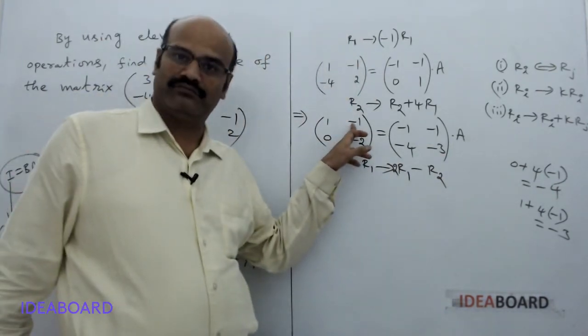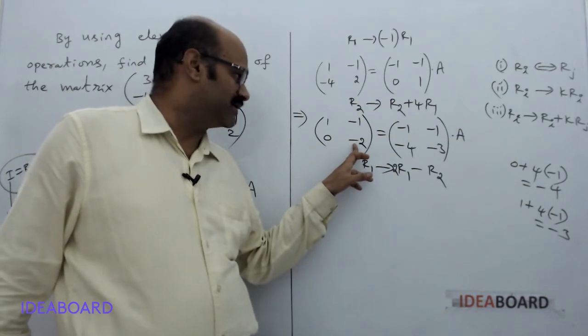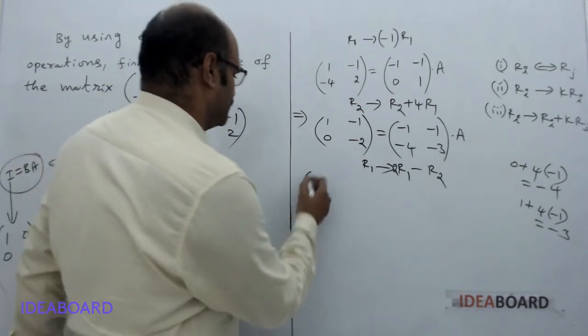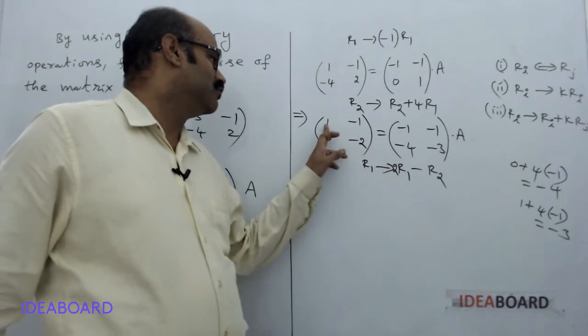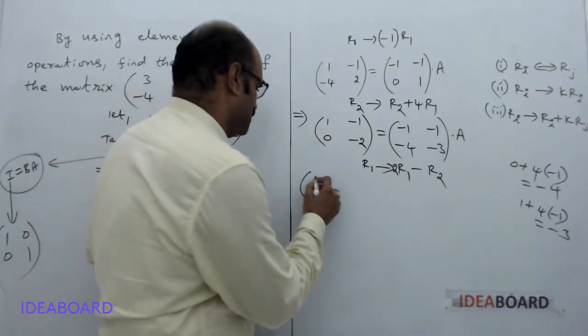Multiply this one by 2, then subtract this one. So it implies 2 into R1, 2 minus 2, 0.